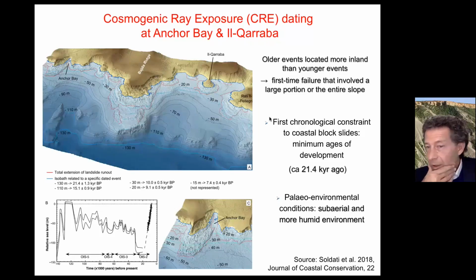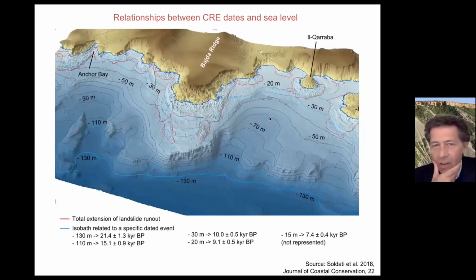And at the beginning, we thought that the situation was reverse, that the movements were progressing inland. But finally, I will show you how the geomorphological interpretation could be. But before, I would like to show again what was the depth of the water at -130 meters when this landslide event occurred, -110 when the event occurred at 15,000 years BP.